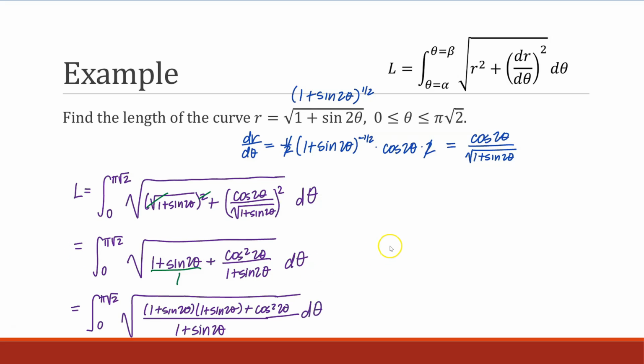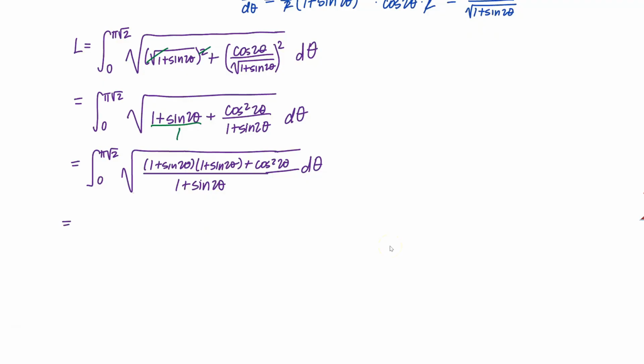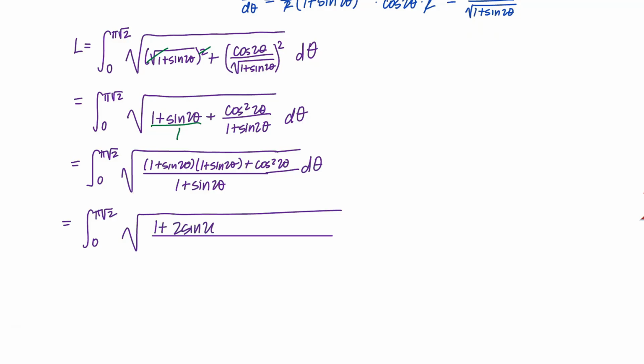We're going to need some more space. All right, we have some more space. We have 0, pi times radical 2, square root of. In the numerator, we're going to have to distribute these two binomials out. That's going to leave us with 1 plus 2 sine of 2 theta plus sine squared 2 theta plus cosine squared 2 theta all over 1 plus sine of 2 theta d theta.